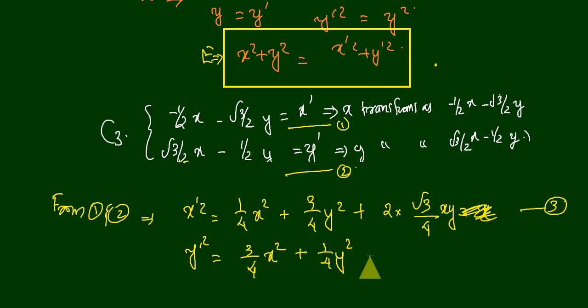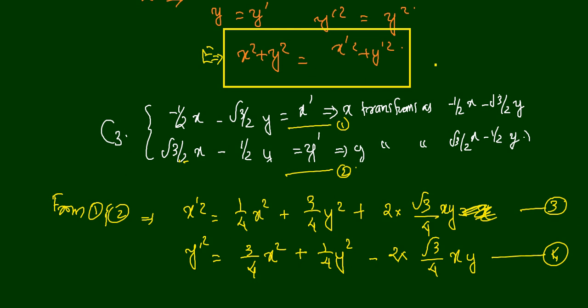Okay, now minus, this is like a minus b the whole square, so minus 2ab, minus 2 into root 3 by 2 into 1 by 2, that is equal to root 3 by 4. 2 into root 3 by 4 xy. Okay, that is equation number 4.